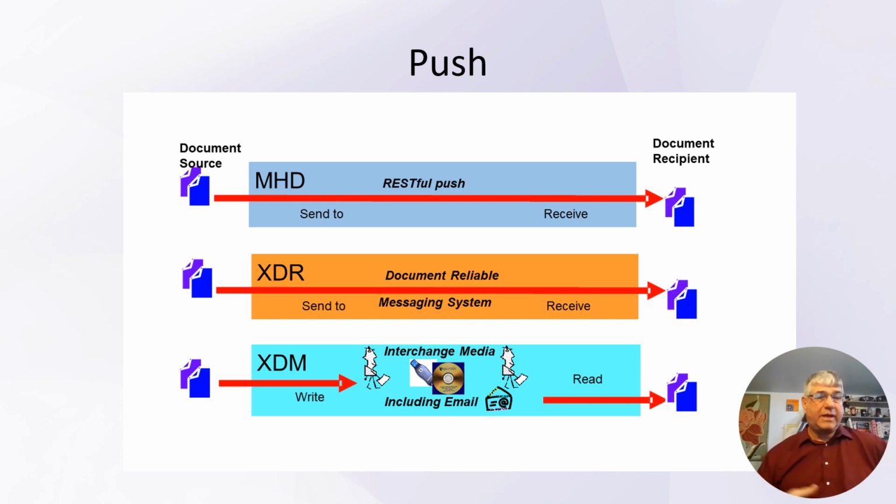There's also XDM, which supports things like removable media or email. So here, there's a way to define how this content goes onto a USB stick or into a MIME email so that it can be pushed to a recipient. So we also have these push models.